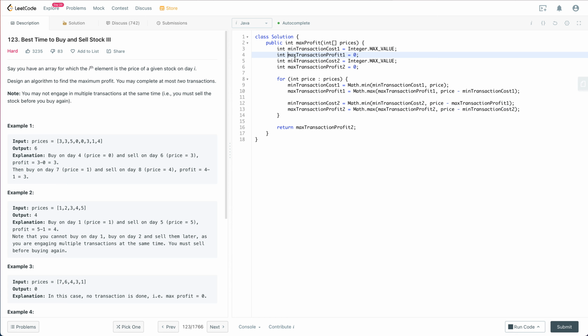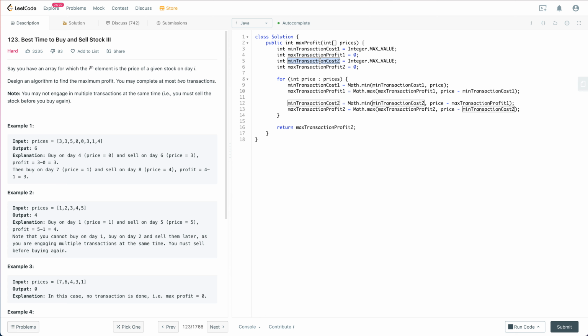The solution is we are going to define 4 different variables. The first 2 variables are for the first transaction, and the last 2 variables are for the second transaction. This one is the minimum cost for the first transaction, which means the minimum cost to buy the first stock, and this variable is the maximum profit we could get from the first transaction.